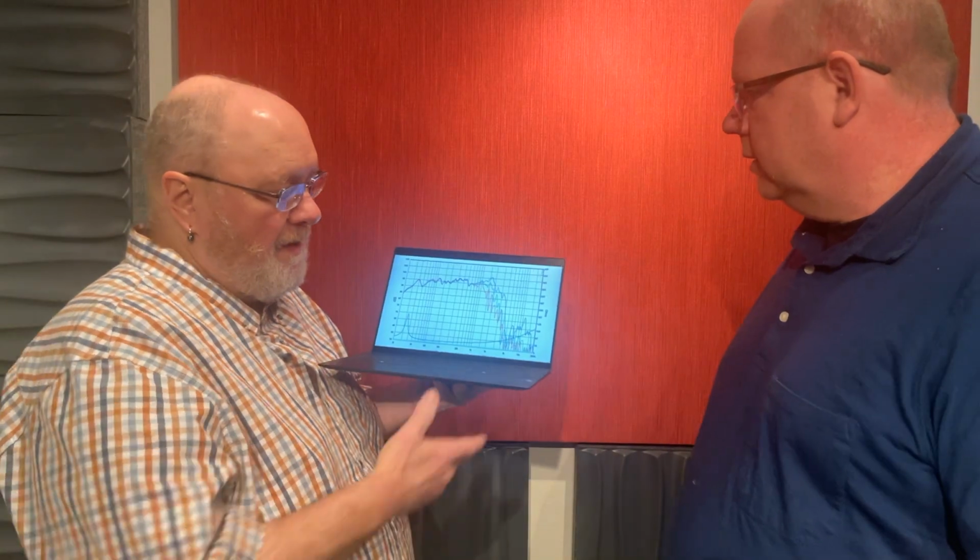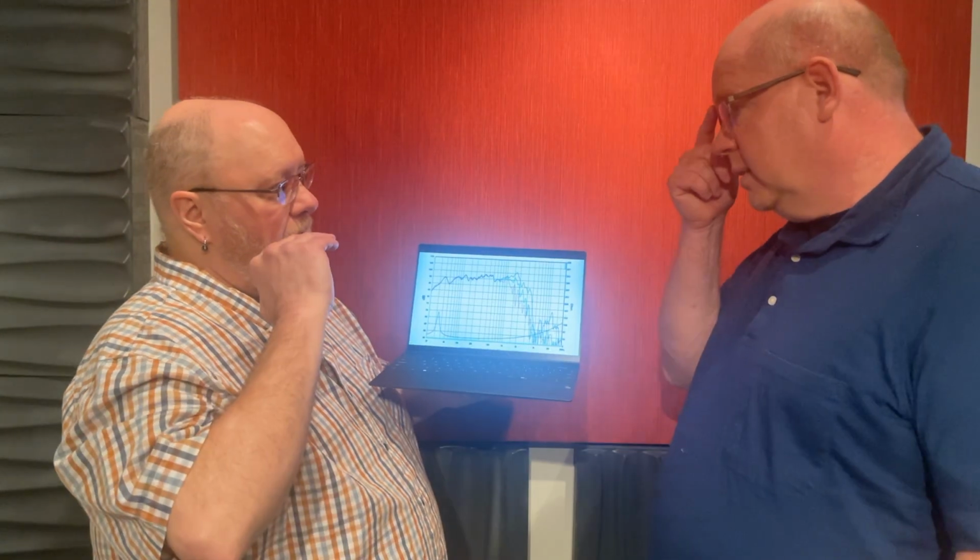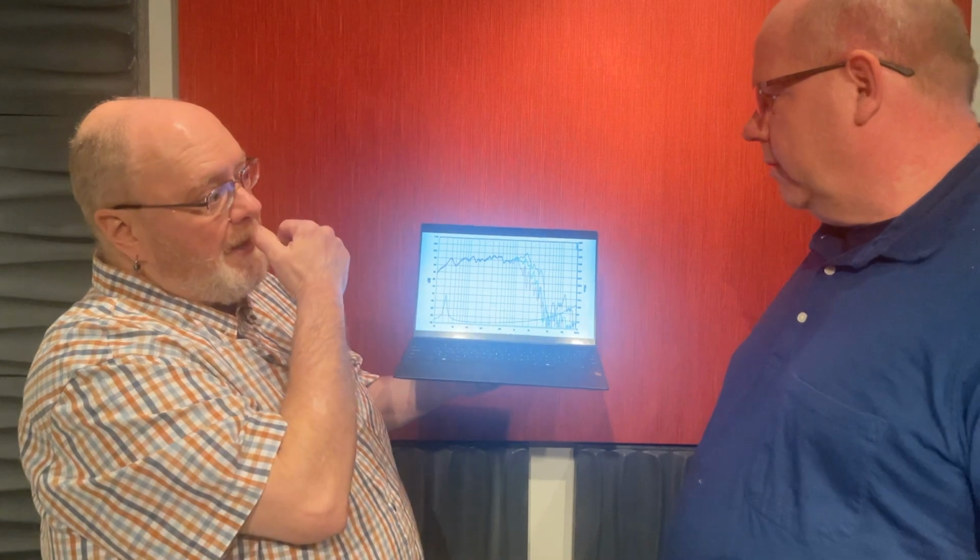When it comes to a driver, nominal impedance means the impedance that they spec the driver at, the predominant impedance of the driver. But a driver is not a linear impedance thing. This is a woofer that I use in one of my designs.